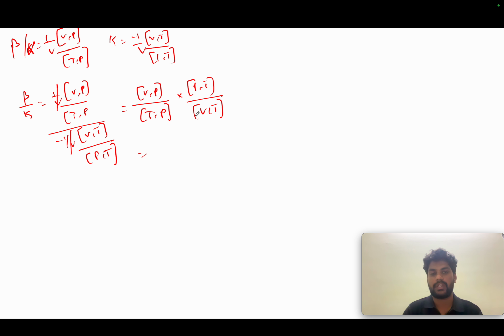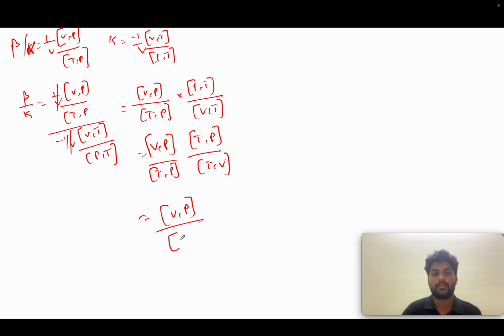So now if I make these two together, so these two will get cancelled. So then I think this is the final equation. Did I make any mistakes?